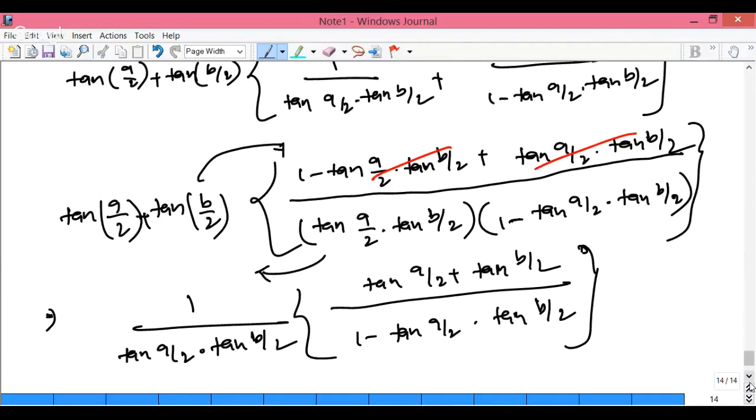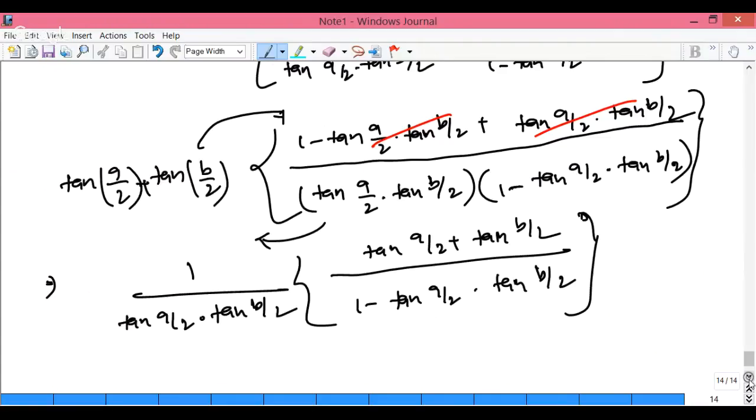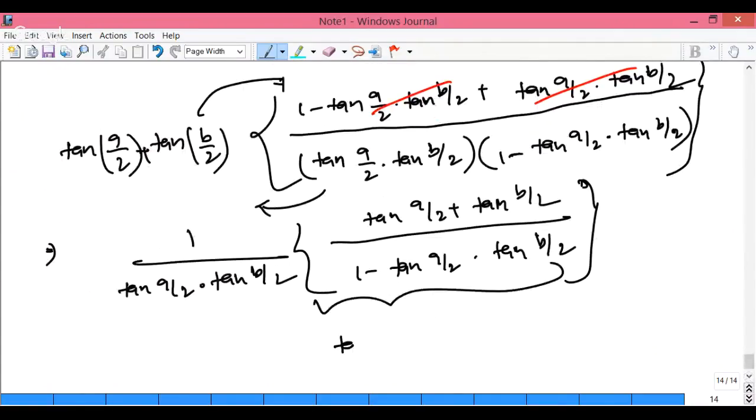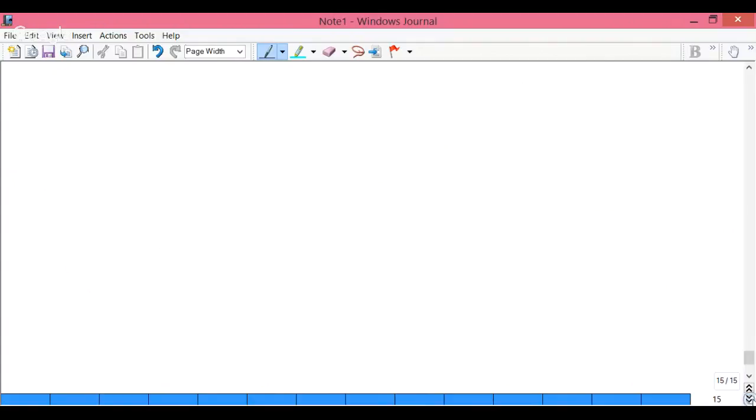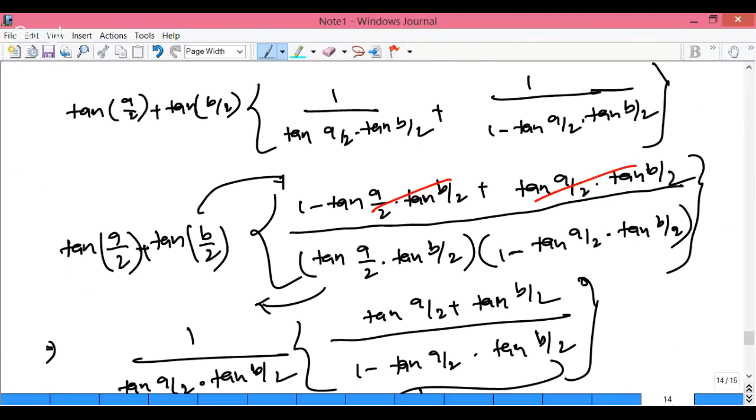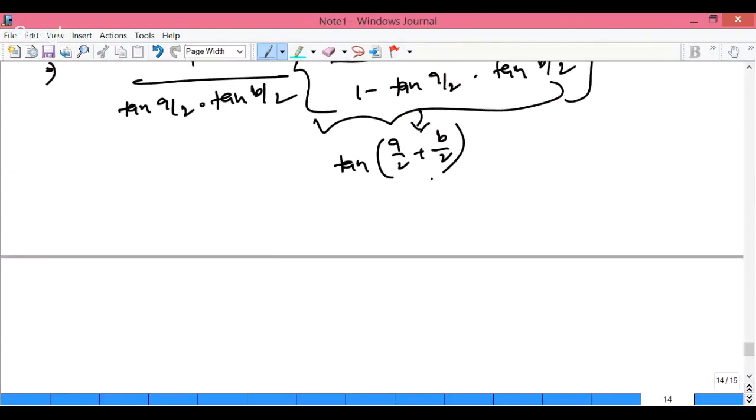Now again it is the formula for tan of (A by 2 plus B by 2). And again write this tan of (A by 2 plus B by 2) as tan C by 2.